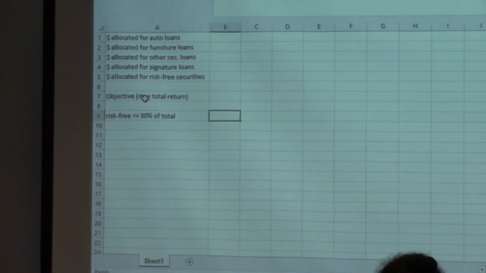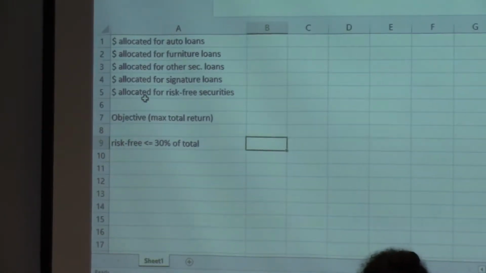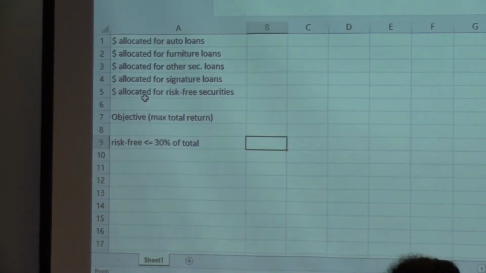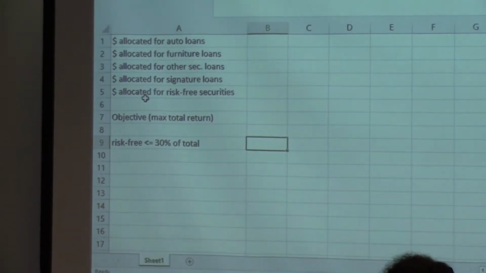Okay, so now let's try to put that into an equation. How do we say that risk-free is less than or equal to 30% here? So what is the total going to be?